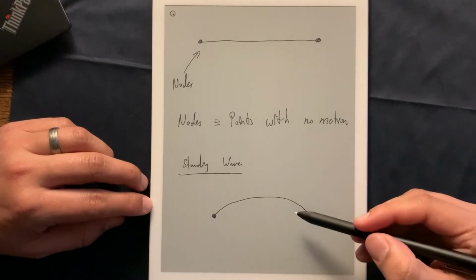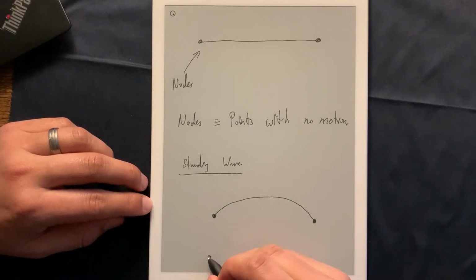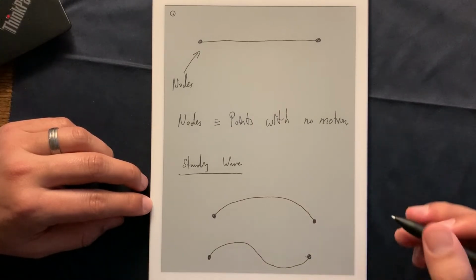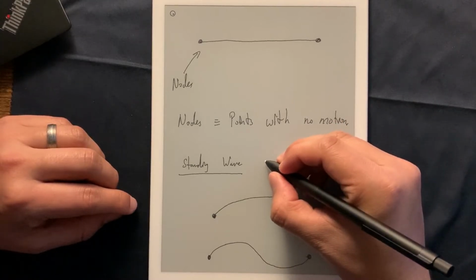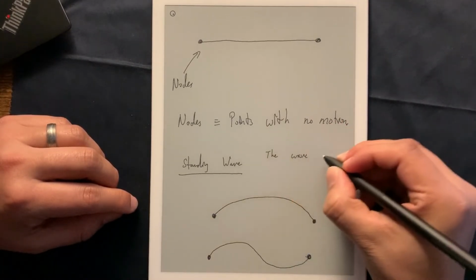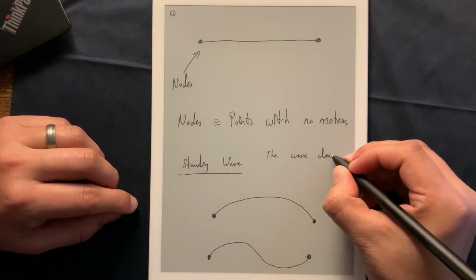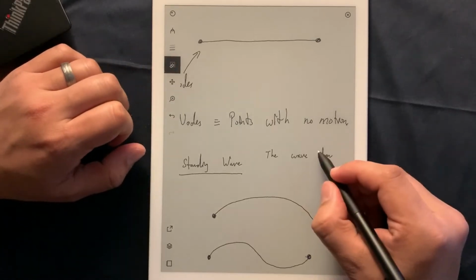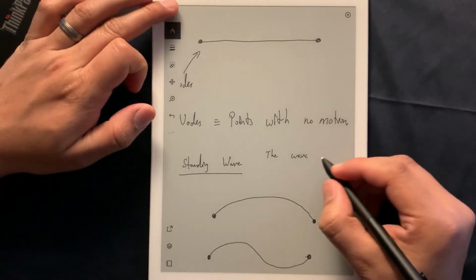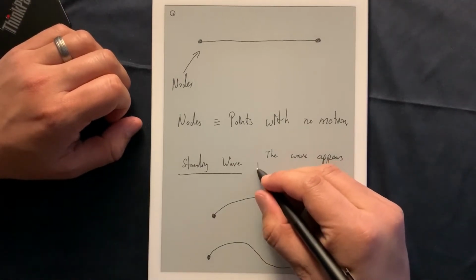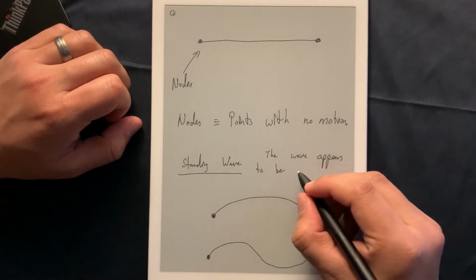Sometimes it just looks like one big wave, or sometimes you see a standing wave like this. So the wave appears to not be moving. That's how we say it. Appears to not move.